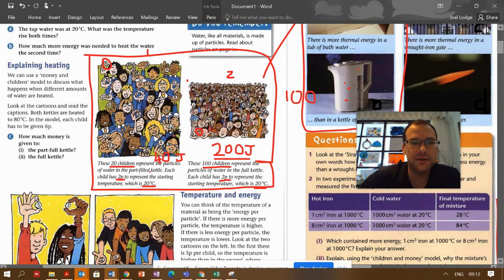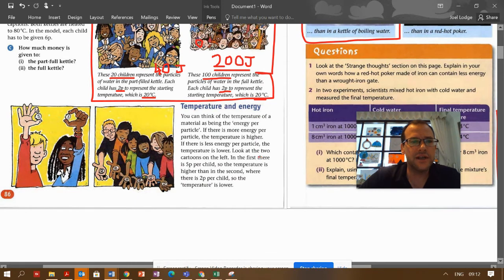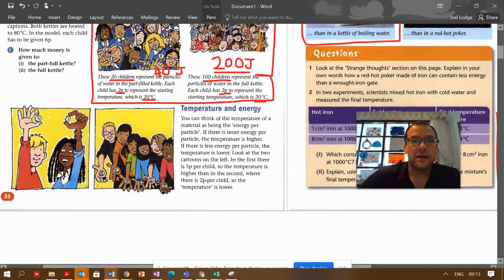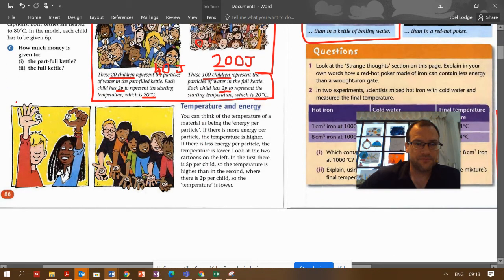So even though they're the same temperature, we've got way more energy in the large beaker of water than we have in the small one. And essentially we can take that forward. It may be a good idea for you to write that example in your books. Okay, that is a great example to use. Stop the video and do that.